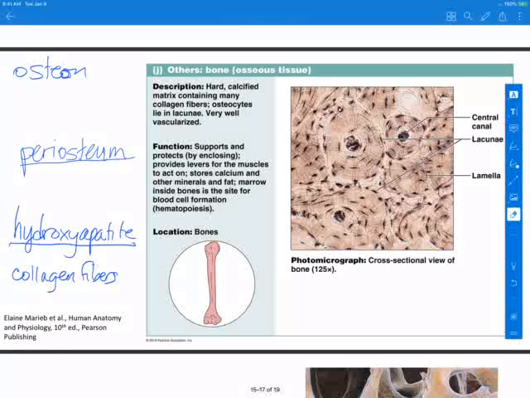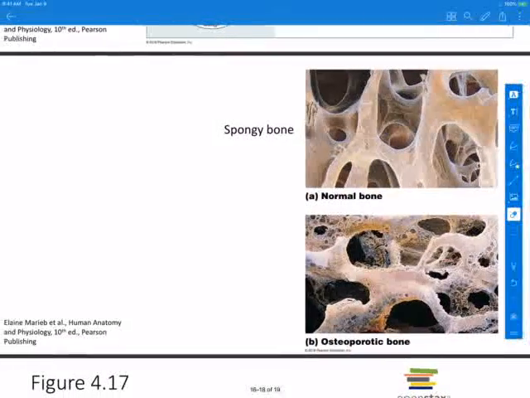Okay, so there is no repeating unit in the spongy bone. We have an osteon in compact bone, but if we take a look at the spongy bone, what we see are these struts of bone that create this lattice-like network of mineralized bone tissue, and then it has these big spaces like you would find in a sponge, and that's spongy bone, but there's no repeating unit.